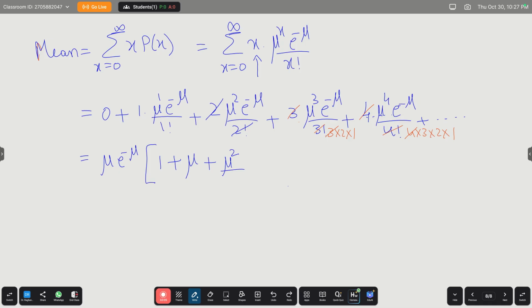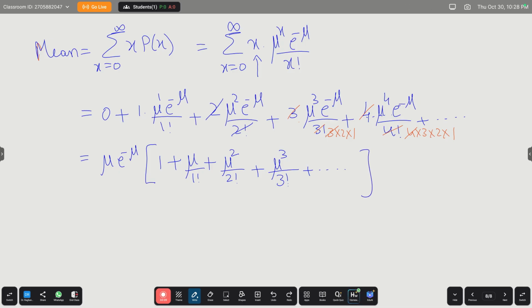In the denominator you will be left with 2 into 1, which is 2 factorial. And in the first term you could write it as 1 factorial. In the next term mu power 4, mu is outside, so you will be left with mu cube. In the denominator you can observe that it is 3 into 2 into 1, which I have written in red pen, so it is 3 factorial. It goes up to infinity.